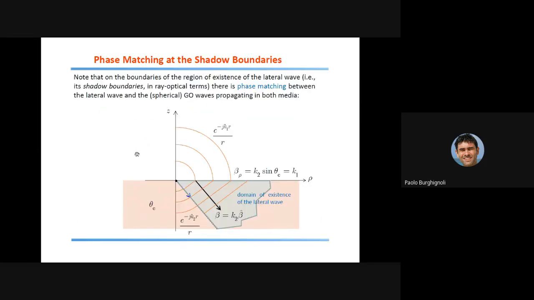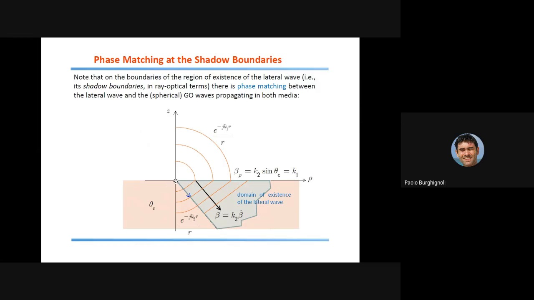Now, it is also interesting, remaining with the phase, to observe that the lateral wave does not exist everywhere. There is a domain of existence if the source is very close to the interface, and in this picture I have put the source exactly at the origin of the reference system.